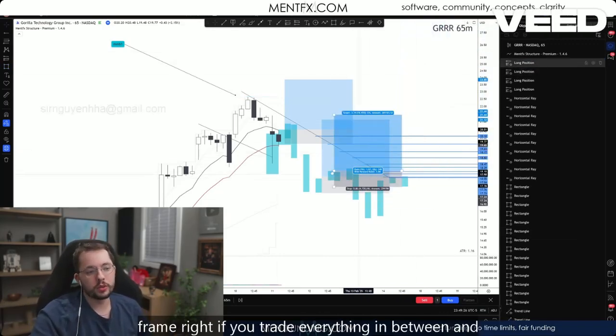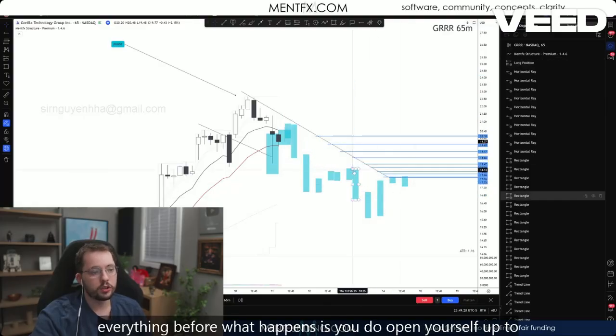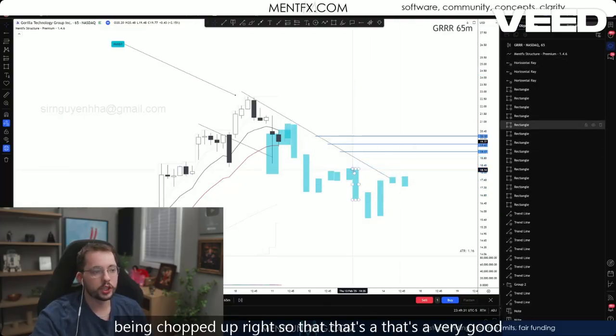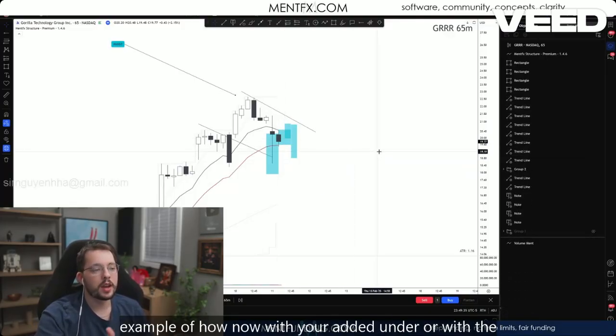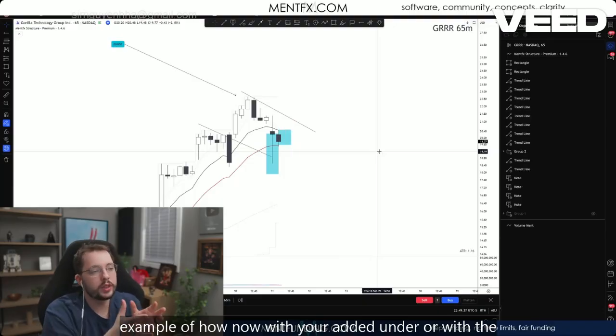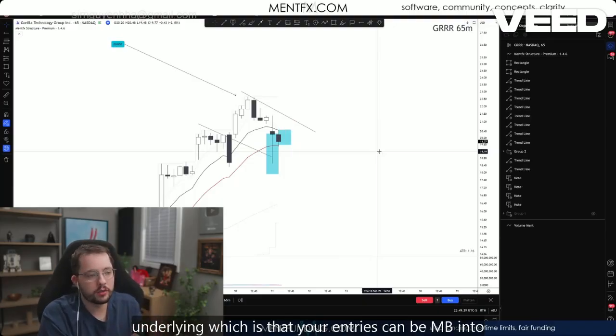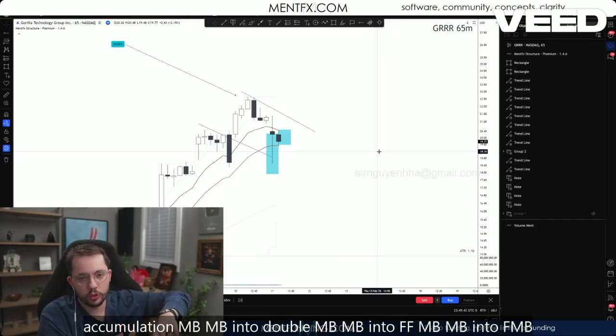If you trade everything in between and everything before, you do open yourself up to being chopped up, right? So that's a very good example of how now, with the underlying understanding you already have, your entries can be MB into accumulation MB, MB into double MB, MB into FFMB, MB into FMB, right?